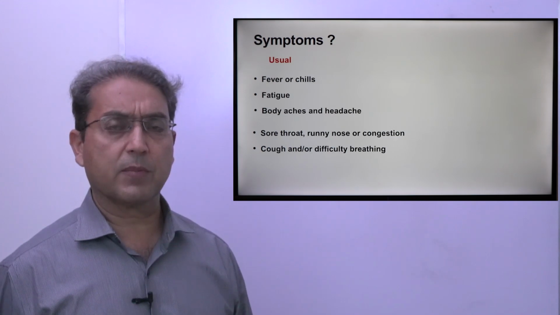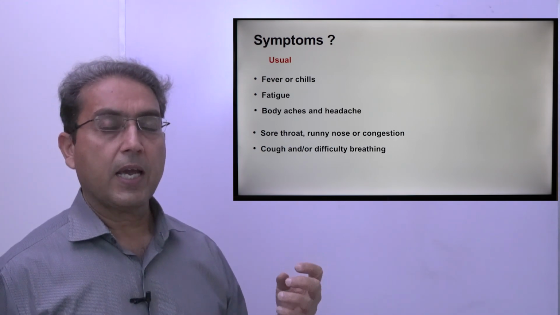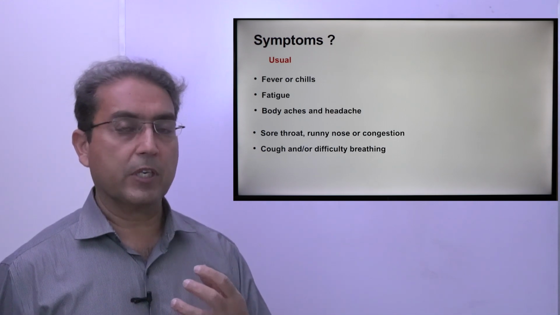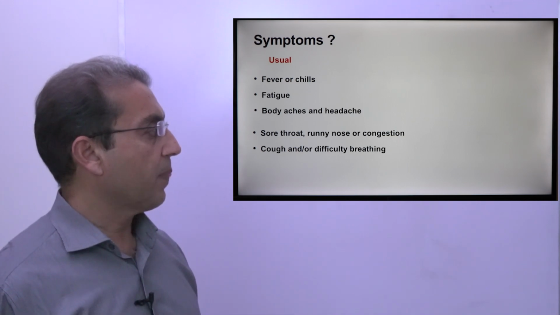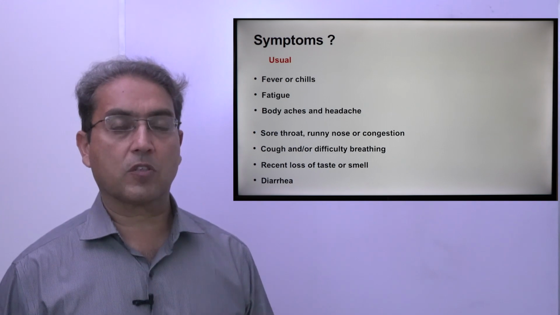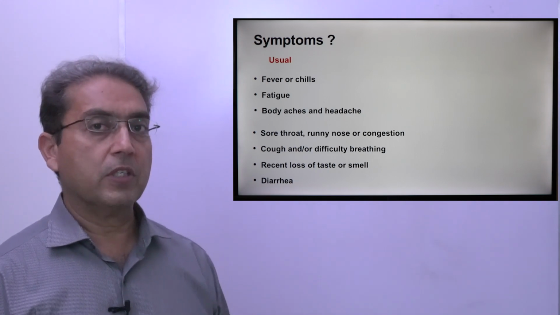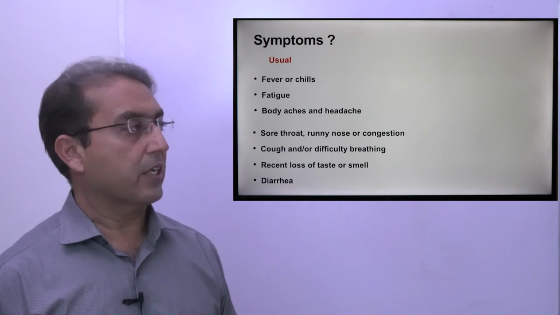There may be upper respiratory symptoms like sore throat, runny nose, or congestion in the nose. And then the patient may have lower respiratory symptoms like cough and difficulty in breathing. Some of the patients may have loss of taste or smell. If there is a recent loss of taste or smell, COVID infection should be considered, and some of the patients may present with diarrhea even.